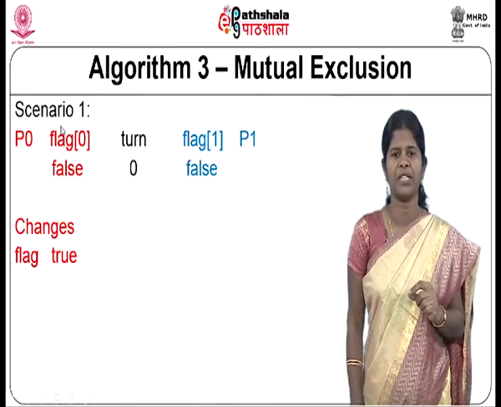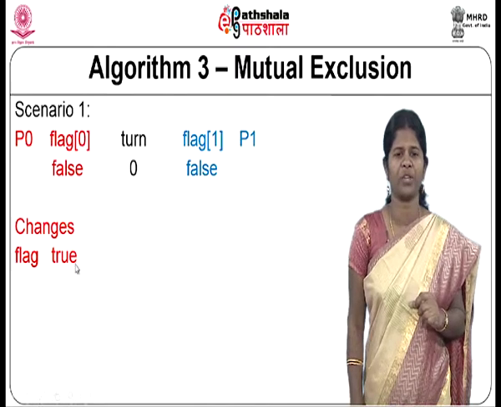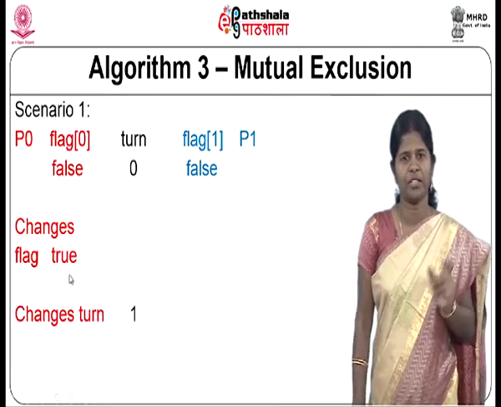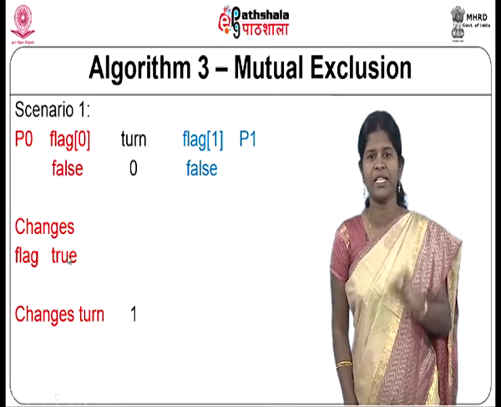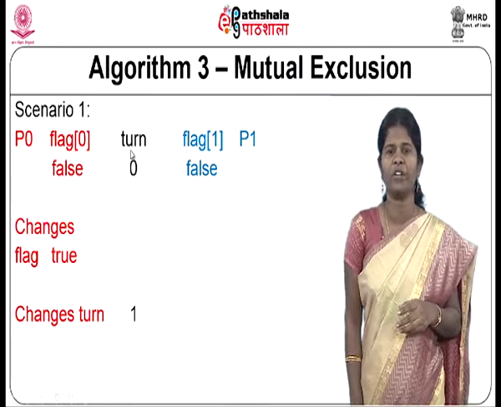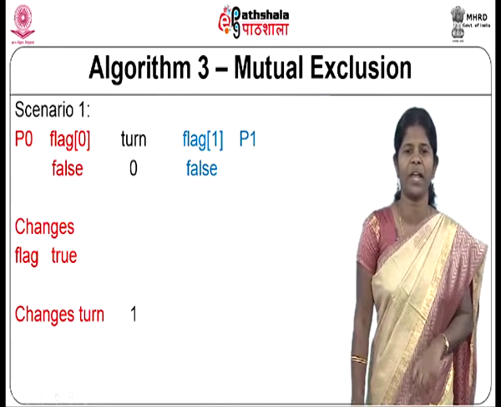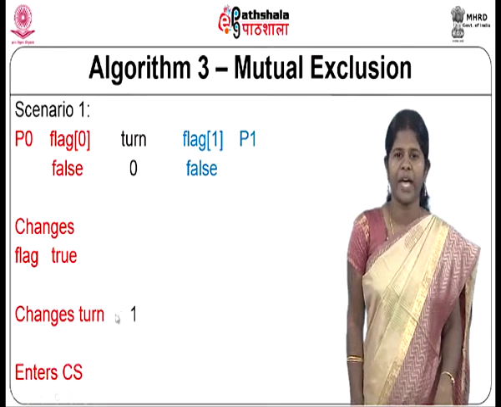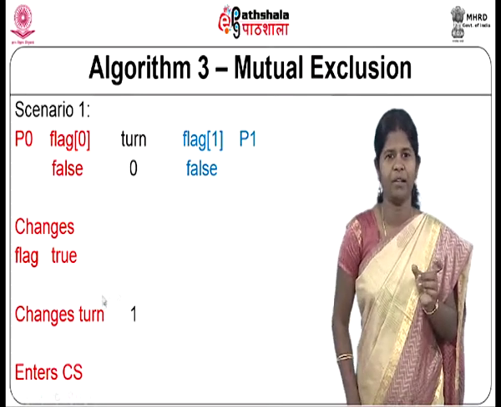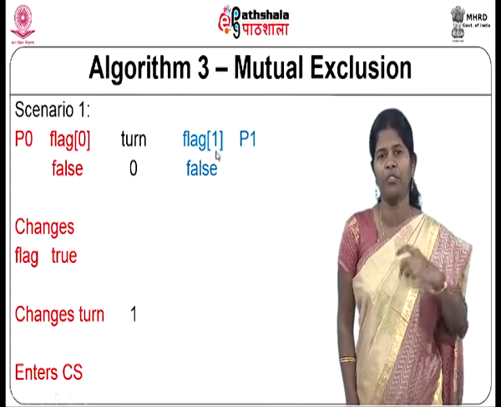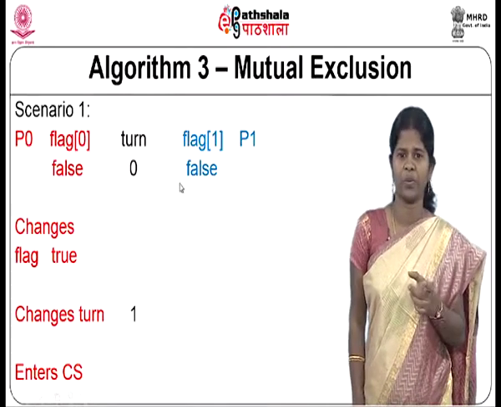So, it changes its flag value, flag of 0, to true. And then there is another statement, turn is equal to j. That is, it changes the value of the variable turn to 1. And then it checks while turn is equal to j and flag of j is equal to true.